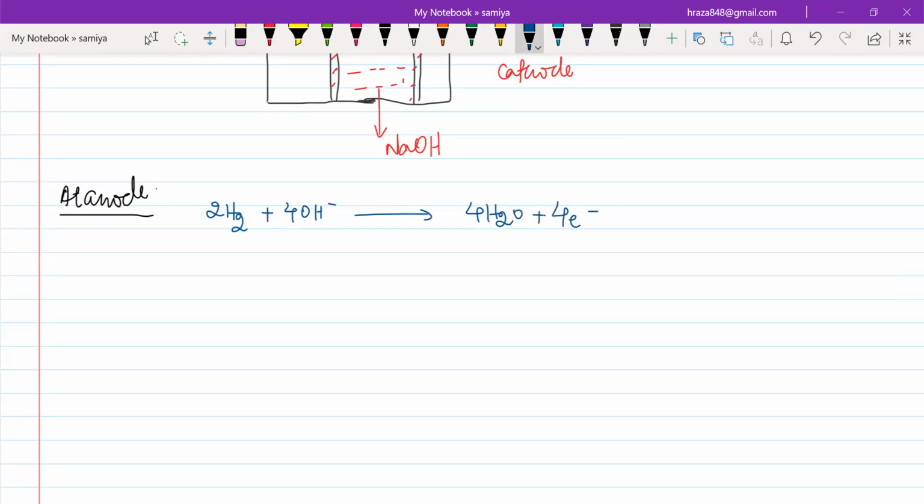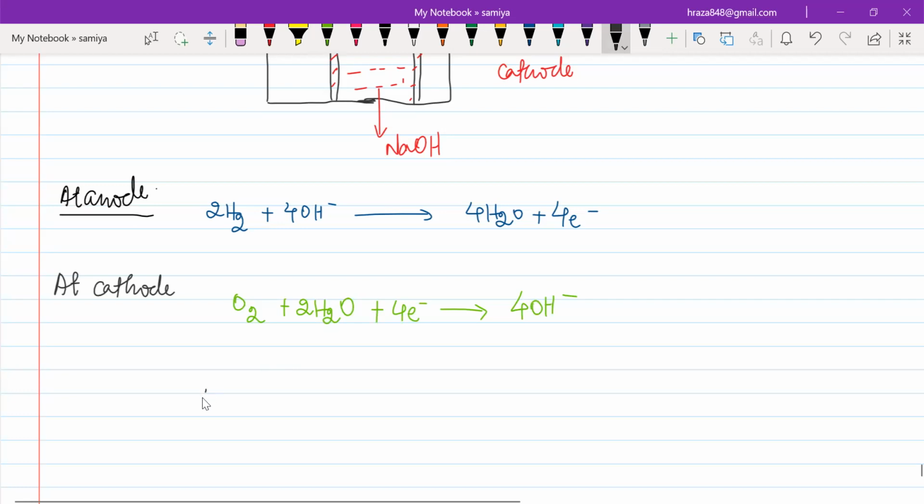That means there will be oxidation, and at the cathode there will be reduction. The reduction is O2 plus 2H2O gains 4 electrons from the anode, and it will be converted into 4OH-.